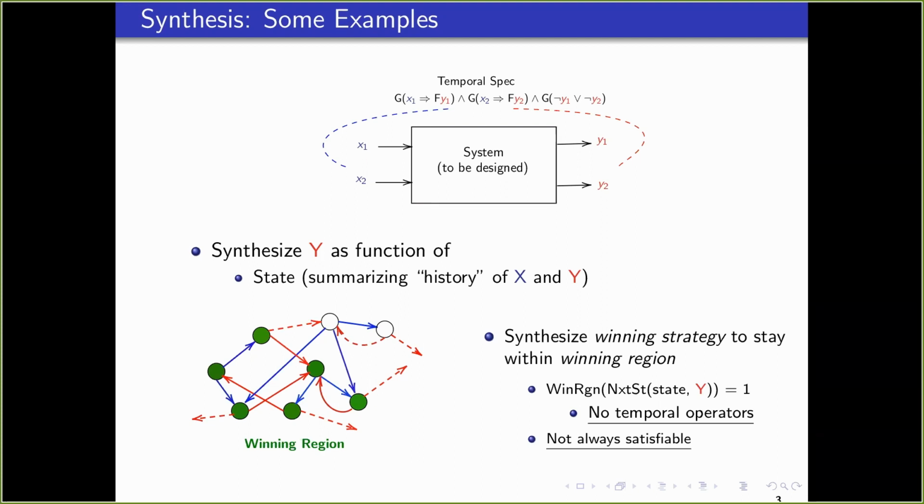No. So there are these two steps, and the construction of the winning region is a separate process, and I didn't get into how to do that, but it is basically some kind of a reachability process. You basically identify states that already satisfy this, and then you build a kind of fixed point starting from there. Right. Okay, thank you.